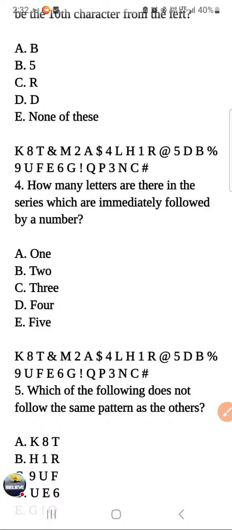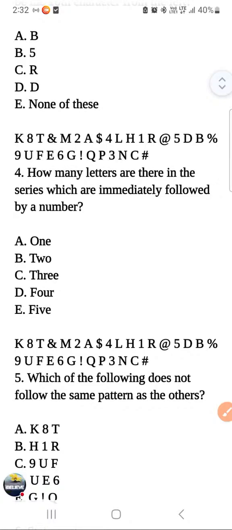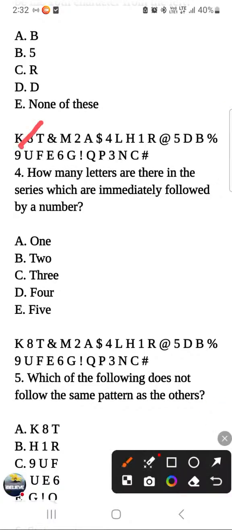So we have K8, 1. Then M2, 2. Then we have H1, 3. Then we have E6. Then we have P3. So we have 5. So the correct answer is option E, 5.